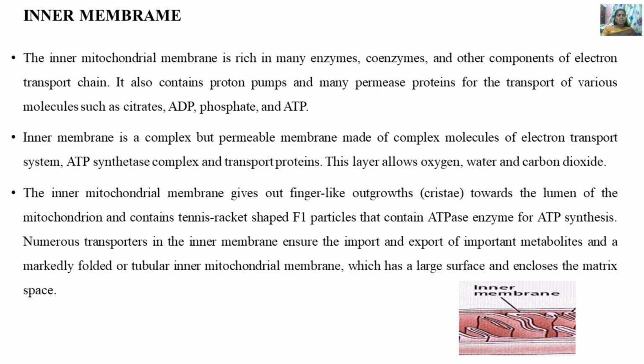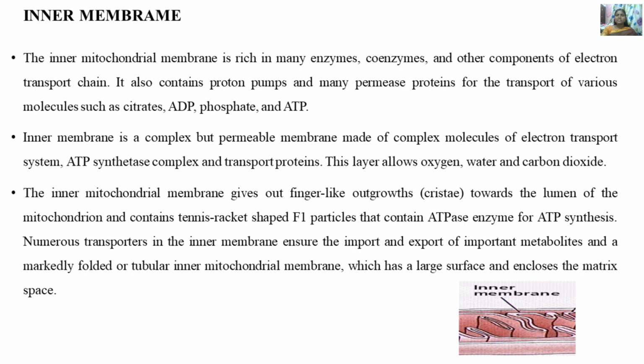The inner mitochondrial membrane forms finger-like outgrowths or projections, which we call cristae, towards the lumen of the mitochondria, and contains tennis-racket-shaped F1 particles that contain the ATPase enzyme for ATP synthesis. Numerous transporters in the inner membrane ensure the import and export of important metabolites.